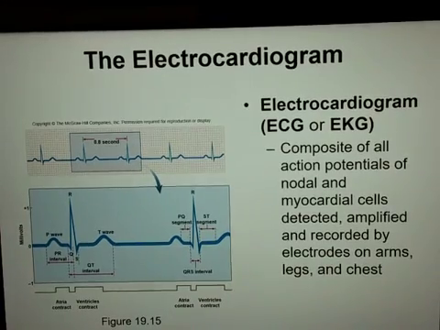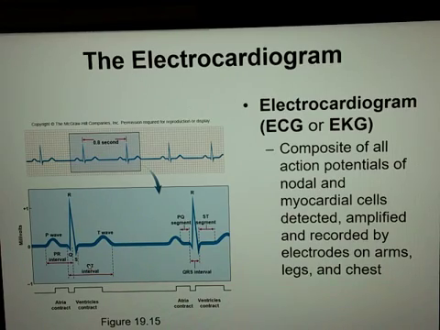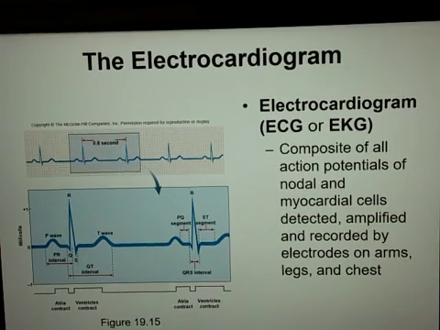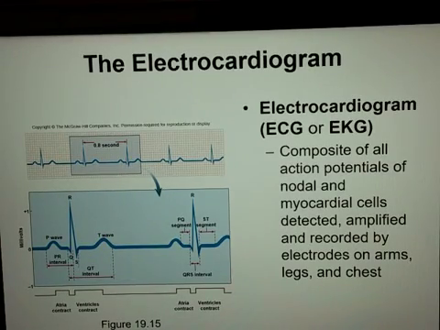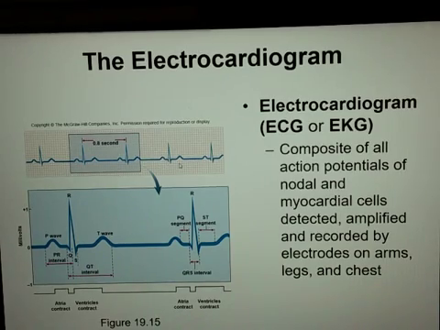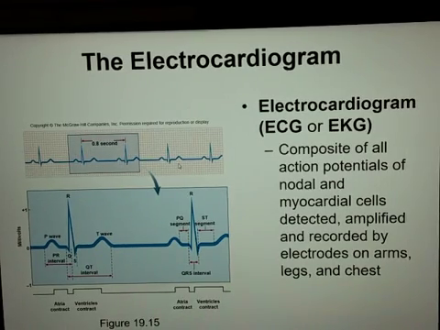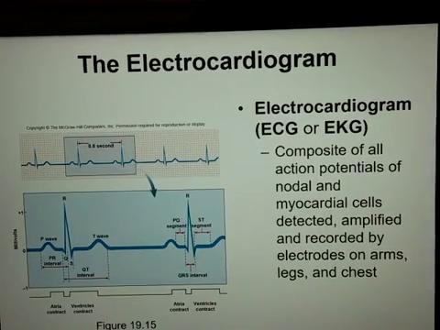Each one of these, P, QRS, T, and what they note as the intervals, every single one of them can tell a doctor something about the beating of the heart. So if the EKG does not look like this, it's not normal. And because doctors know how to read these EKGs, they will know where to begin to look for different problems.